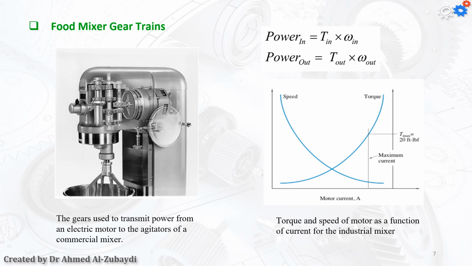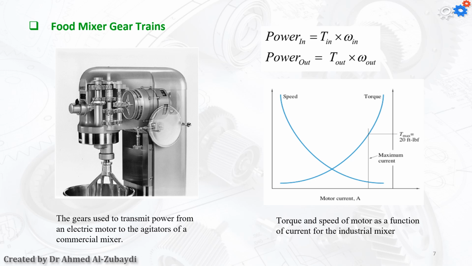Since the motor operates with high speed and low torque at low currents, or low speed with high torque at high current, the gearing system will adjust this output to ensure efficient power transmission to the agitators. So by using the appropriate gearing ratios, the gearing system can increase the torque, balancing the speed, and balancing the power.